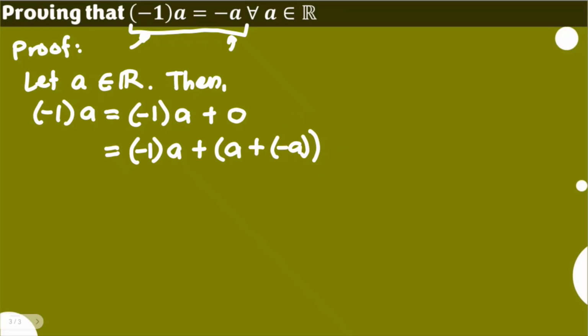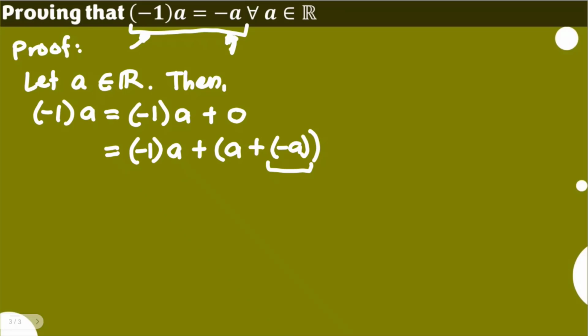The goal of that is later, we can use the associative property of addition, because by looking into this step, we have now introduced -a, which is the end goal of this proof. We are not automatically assuming this is equal to -a, but with the use of this method, we are reintroducing -a.